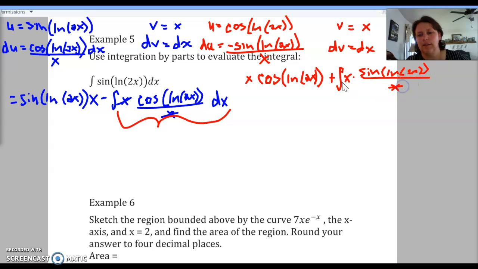Okay, x's are going to cancel. Oh, we got a dx in there, don't forget our dx.